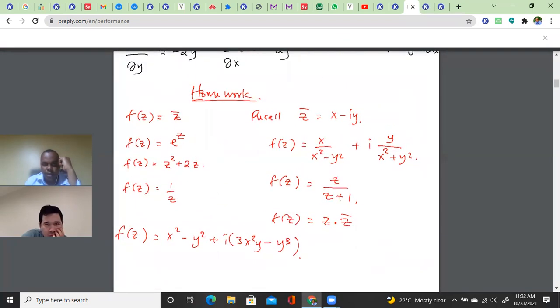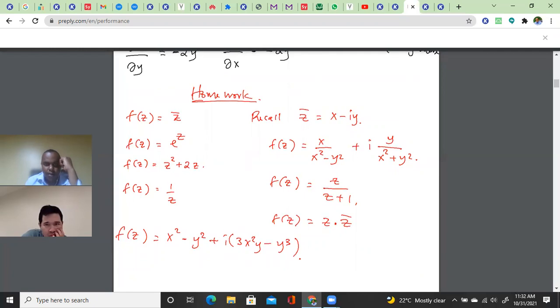And let's talk about this function. We did a du dx on it. Yes, du dx equals 2x.